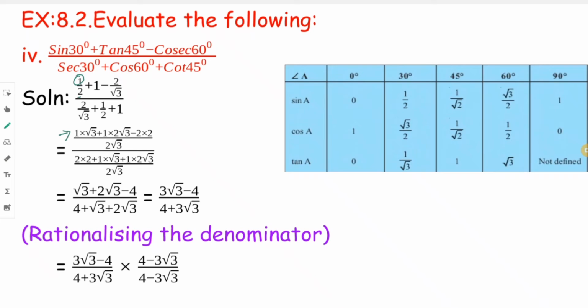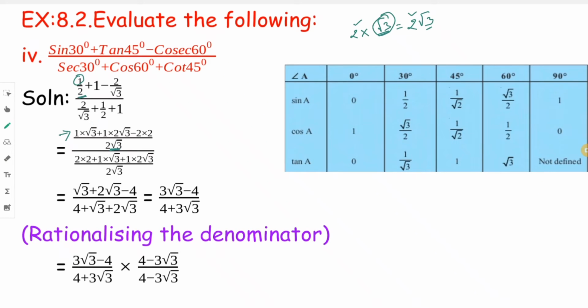I can see in the denominator 2 is there, right? So I'll show you how we do this. Write down 2 into what should I multiply so that I'll get 2 root 3? What should I multiply so that I'll get this LCM 2 root 3? You can see that 2 and 2 are already there. What is missing? Root 3, right? So I need root 3. That's why you can see that I've written here root 3.